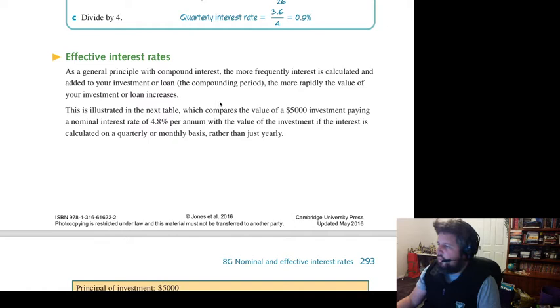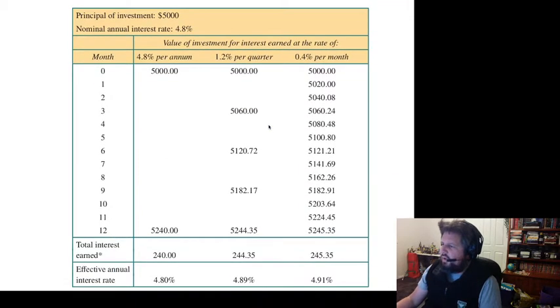We'll look at a table on page 293 of your textbook. It shows what happens if we have $5,000 invested at 4.8% per annum, depending on whether the interest is paid quarterly, monthly, rather than just yearly.